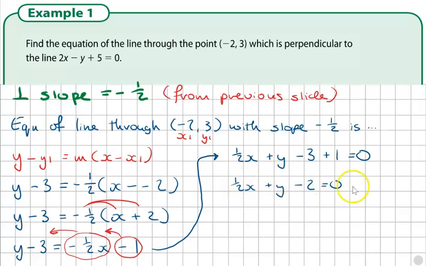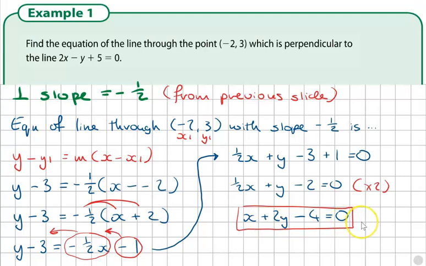Then I'm going to multiply across by 2 just so I don't have a fraction stuck onto my x. So a half x times 2 is just x, and y times 2 is 2y, and minus 2 times 2 is minus 4. So I have x plus 2y minus 4 is equal to 0. So this is the equation of the line.